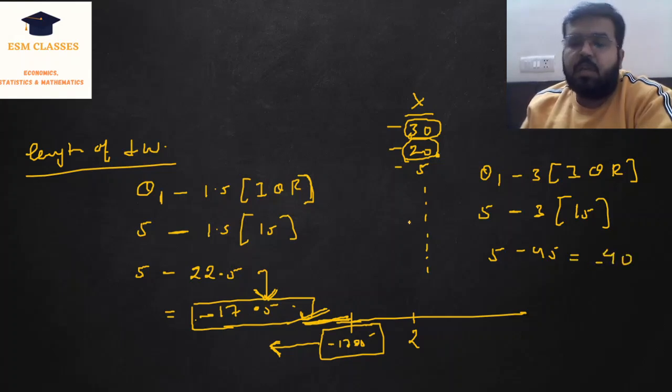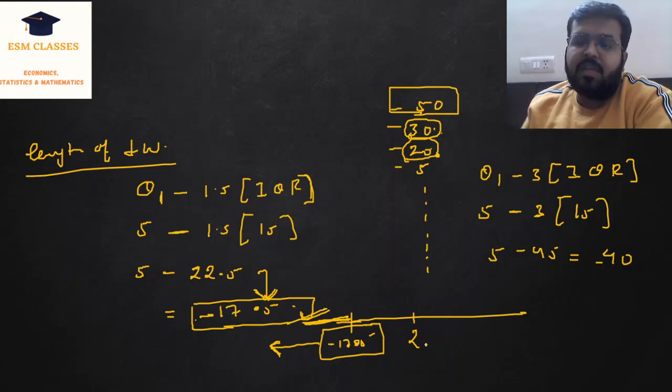Let's say I am changing the data a little bit so that we will have a better understanding. Let's say in this case we have minus 50. So in this case, minus 20 and minus 30 are my outliers, whereas minus 50 is my extreme outlier.